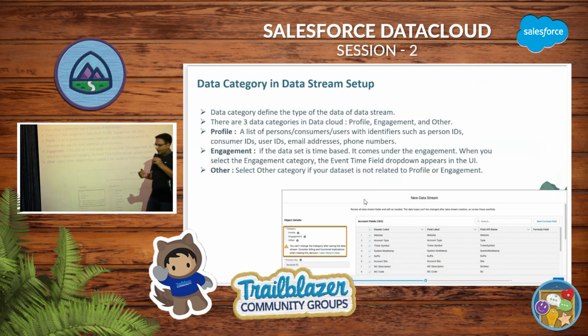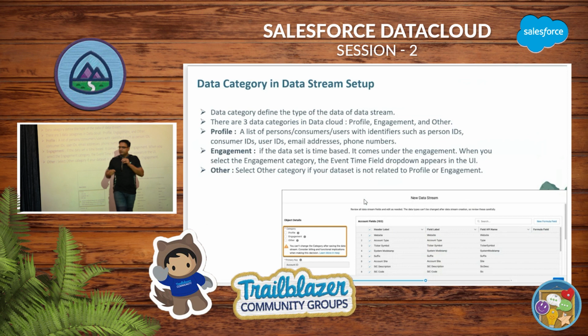Profile means you are representing a unique person. Let's say I have my customer data, my patient data, or Facebook data which comes through advertisements or other features, and you are representing a unique person. So that data comes under profile.